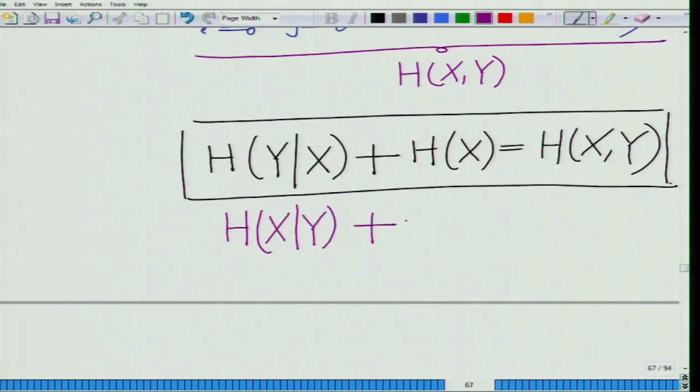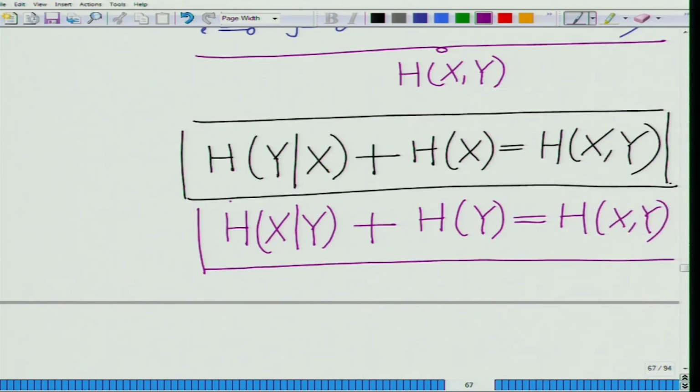So, if I reverse the roles of x and y, h x given y plus h y is also equal to the joint entropy. So, this is another way to express it. So, I have h y given x plus h x is equal to the joint entropy h x comma y, which is the same as h x given y plus h of y.